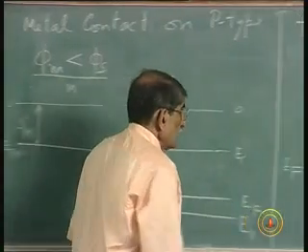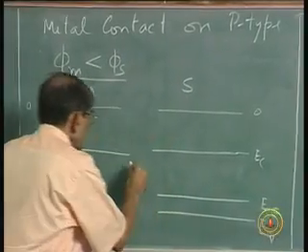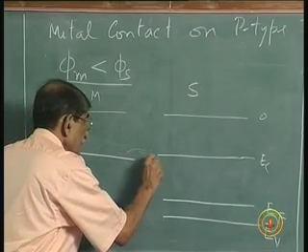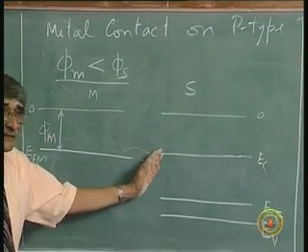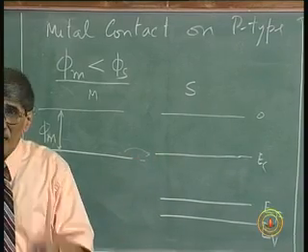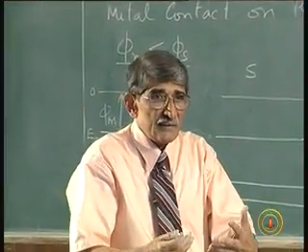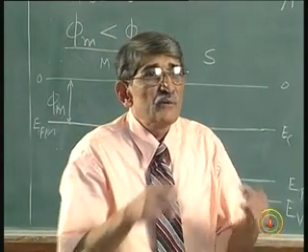Now, what will you do for this portion? Electrons have been transferred from here to here, which means the semiconductor has become negatively charged. If you push electrons into a p type semiconductor, they neutralize the holes.